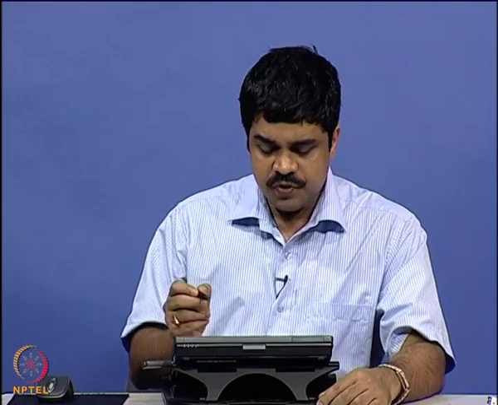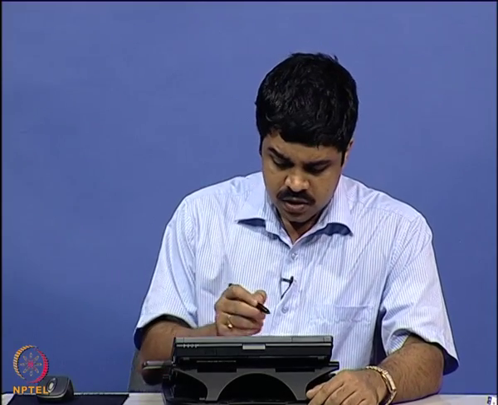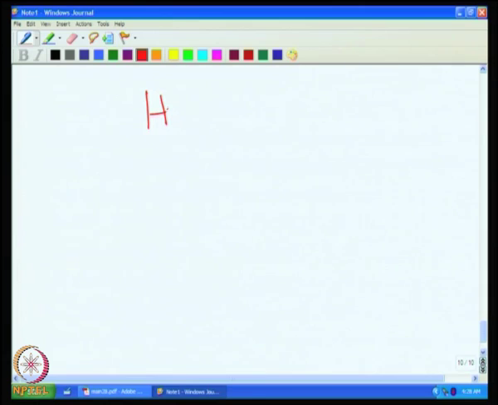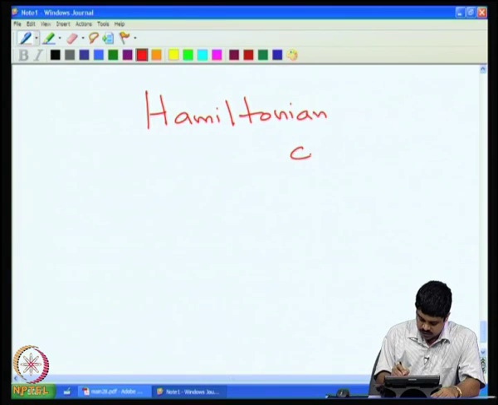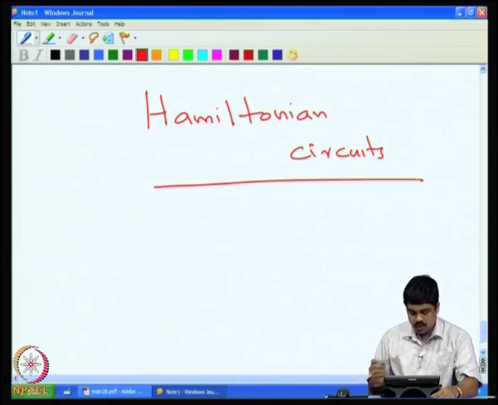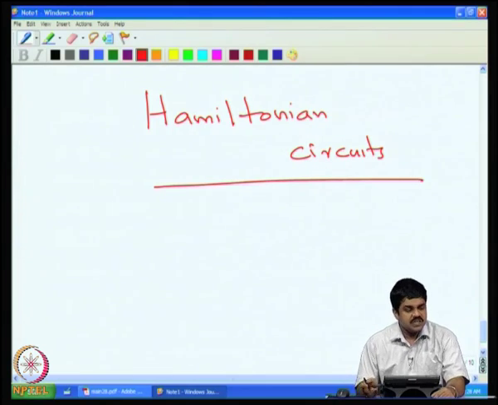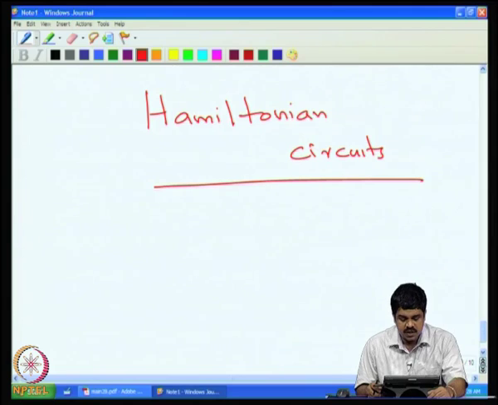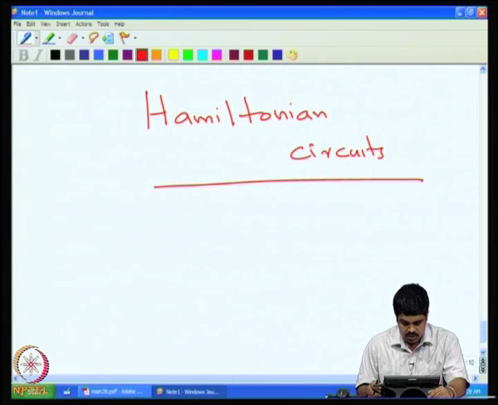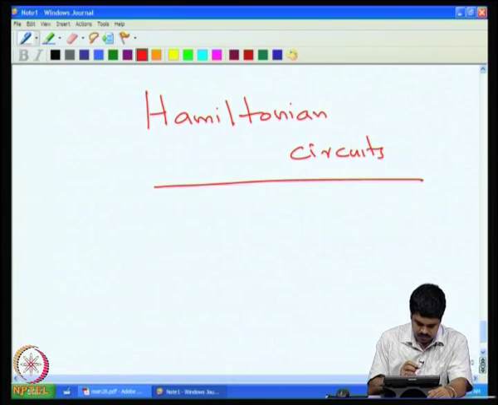And now we go to a different topic called Hamiltonian circuits. In fact, we have seen a certain type of circuit earlier, which is known as the Euler circuit.